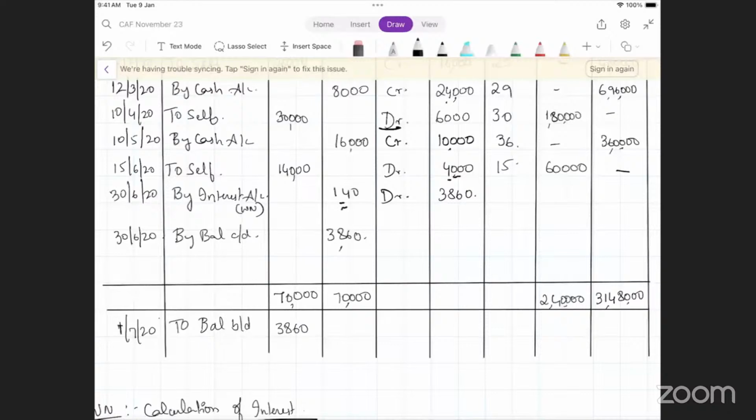Are we done? Yes, perfect. So this was account current. We have covered almost everything in account current as well. If you have any doubts, please do ask relating to account current, average due date, or even consignment. If there's a long question, then I'll do it in the evening session, 6 to 8.